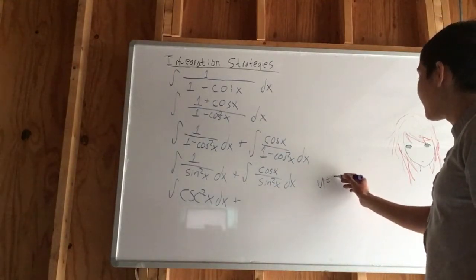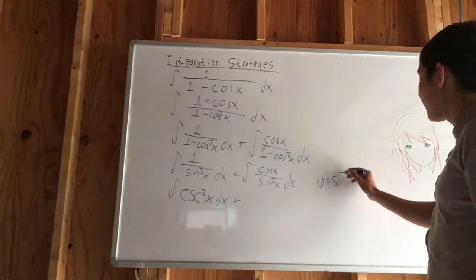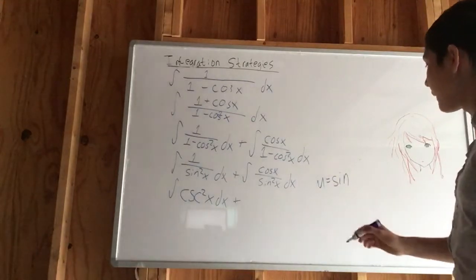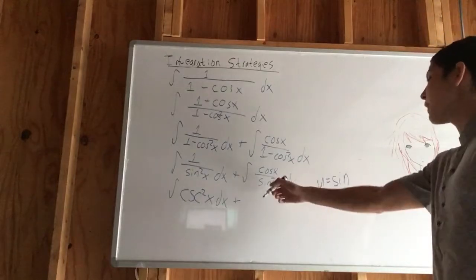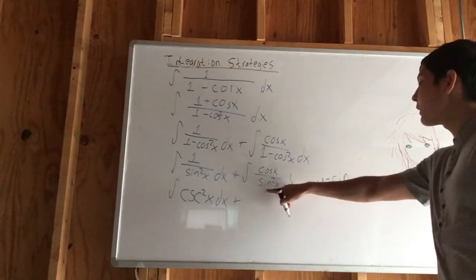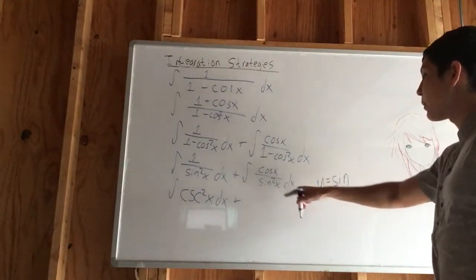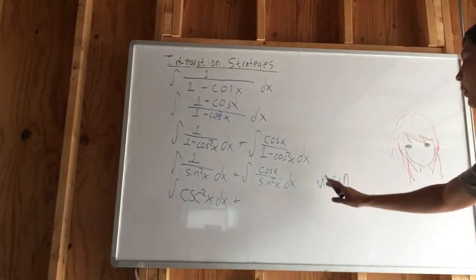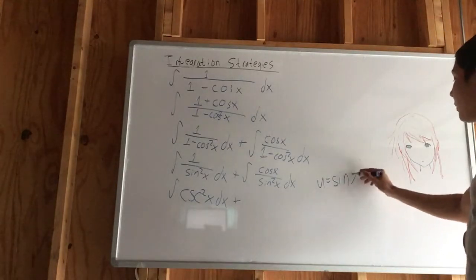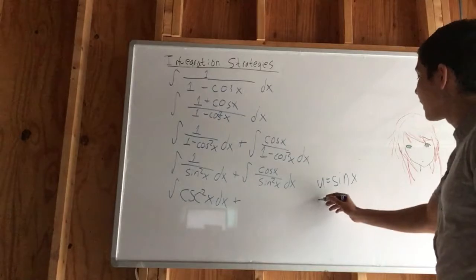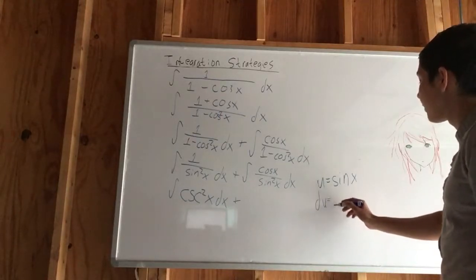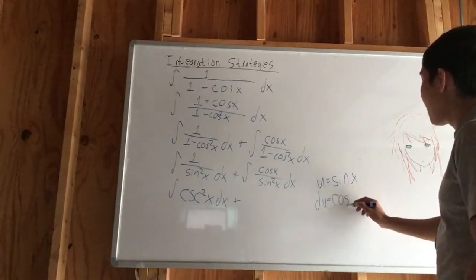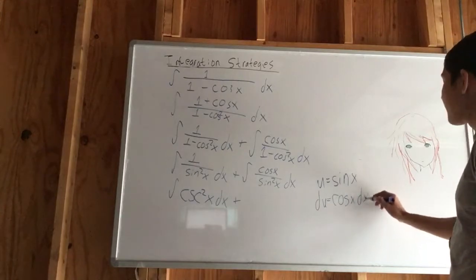But it's probably better to let it equal sine. Far better, actually, because it's in a denominator and it's being squared. You should definitely do u equals sine of x. That means the derivative du equals cosine of x dx.